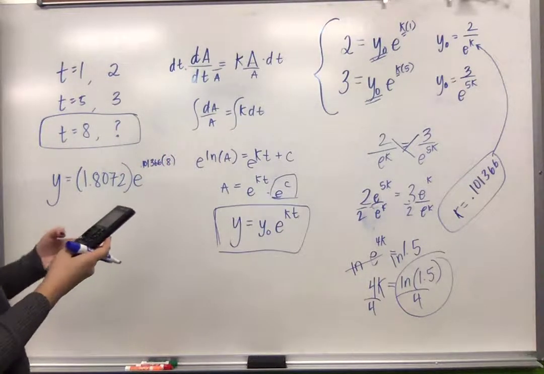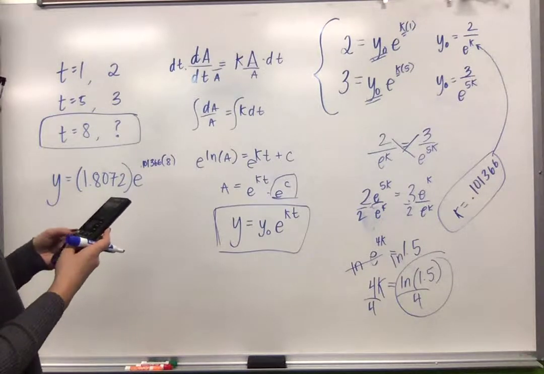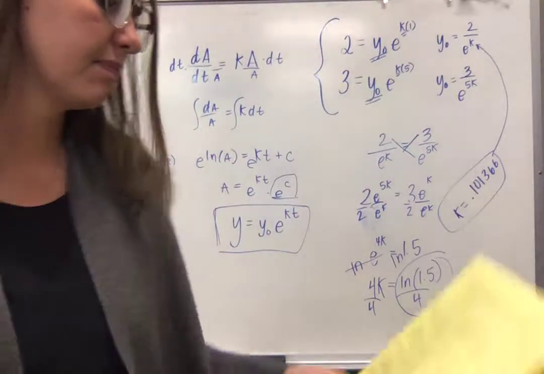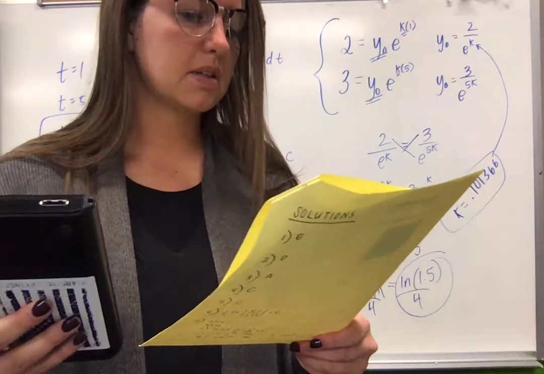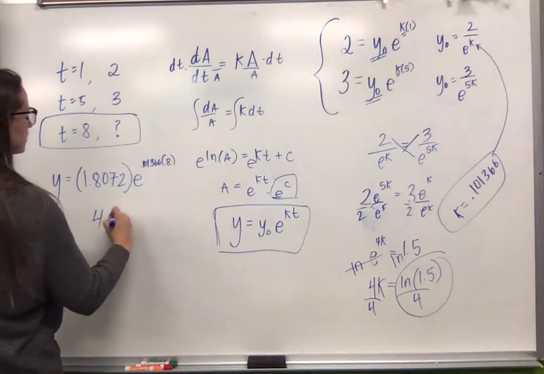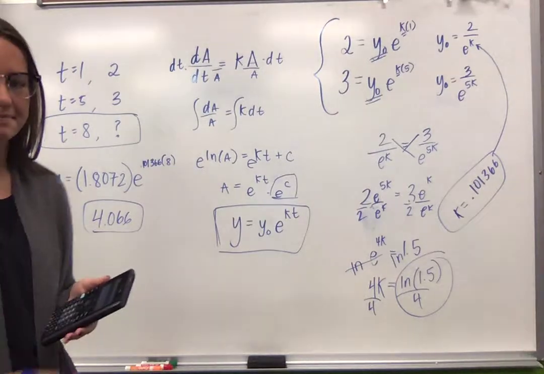So if I take this and I times it by e to the 0.101366 times 8, I get 4.0662, which is 4.066. Yay, I did it.